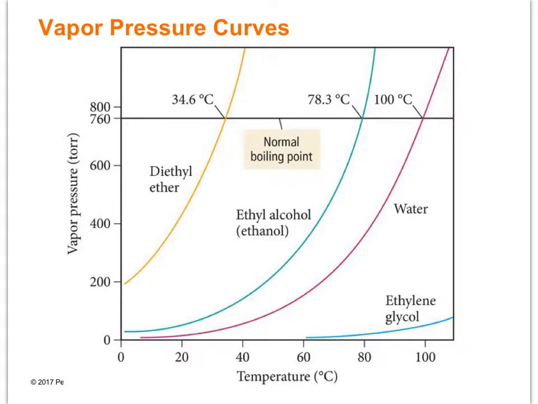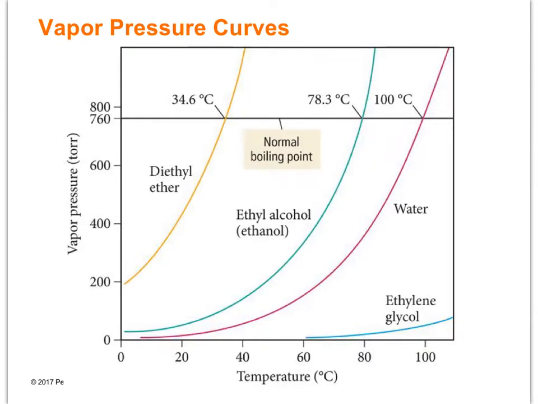So if we plot that, we see that for this variety of liquids, that trend holds true, right? As temperature increases, the vapor pressure increases in a nonlinear relationship, right?